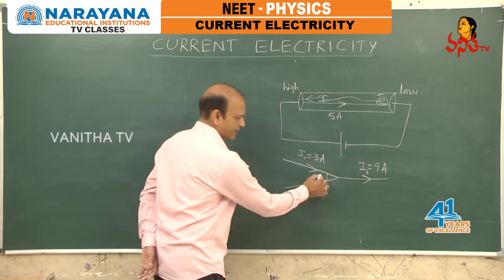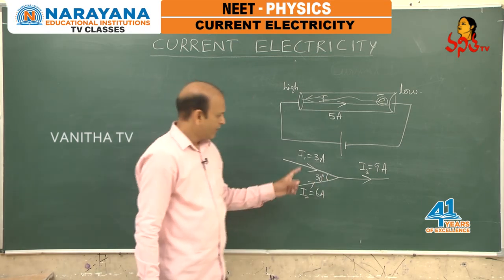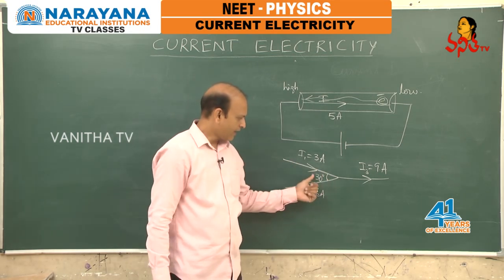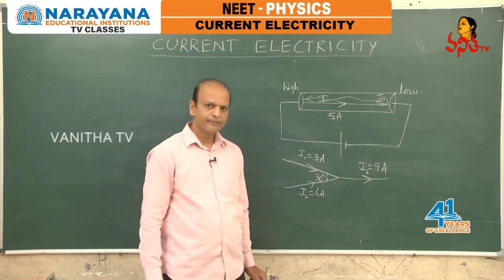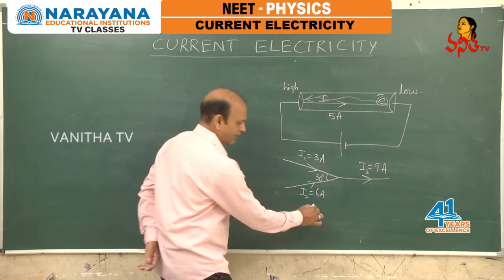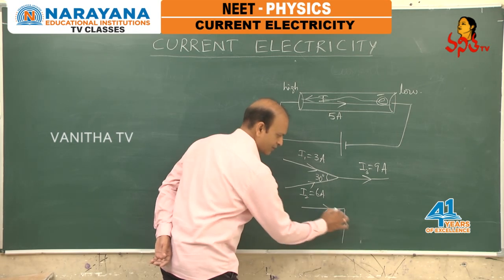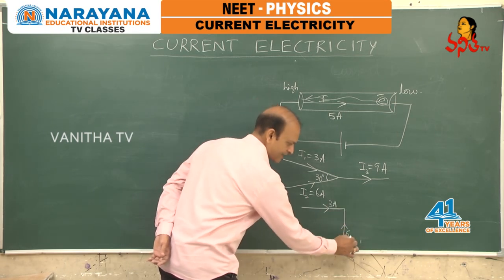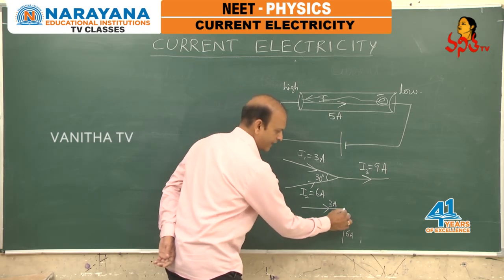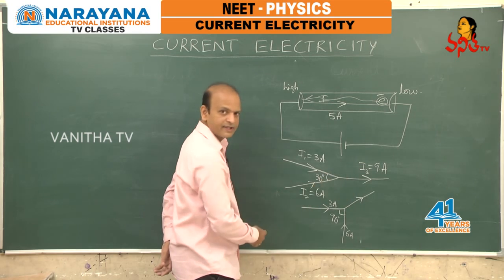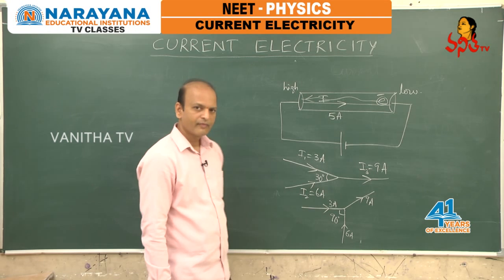And here the angle between these two conductors is, say, 30 degrees. When the two conductors carrying the currents at an angle of 30 degrees give rise to a 9 ampere current, and if these same conductors, the 3 ampere and 6 ampere ones, are kept at a 90 degree angle, then again only a 9 ampere current passes.